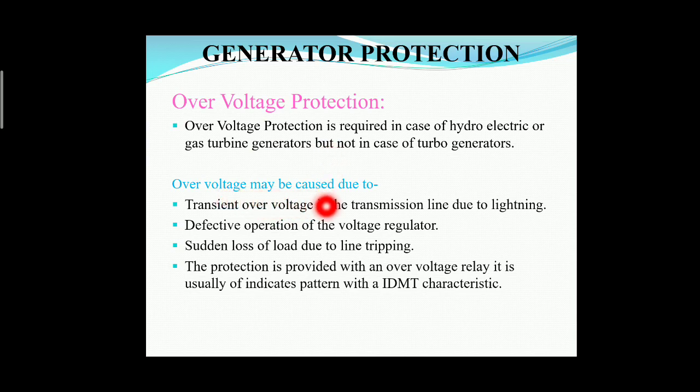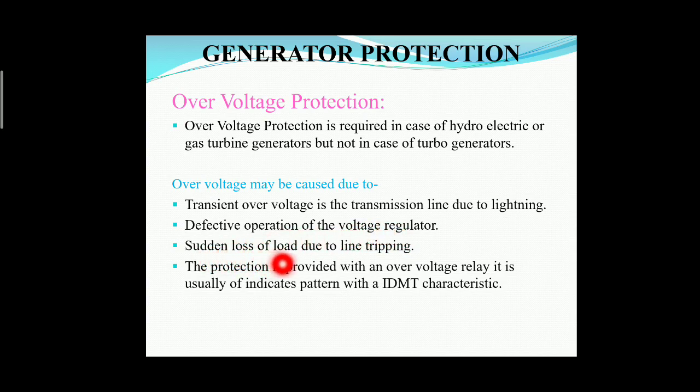The over voltages are caused by transient over voltage. First, transient over voltages are obtained in the transmission line due to lightning. Second, defective operation of the voltage regulator: by mal-operation or any fault in the voltage regulators, over voltage will be obtained.